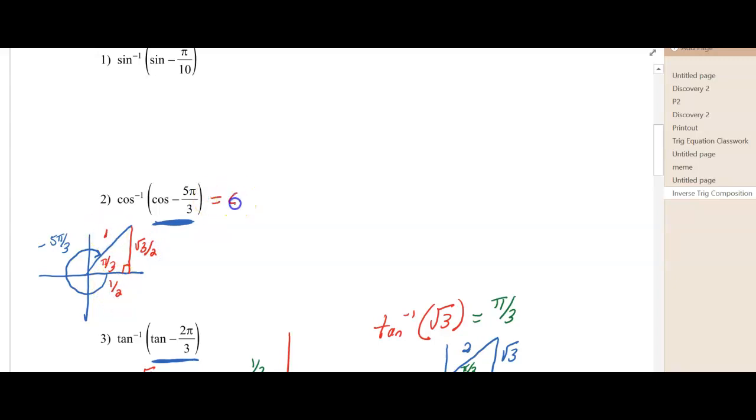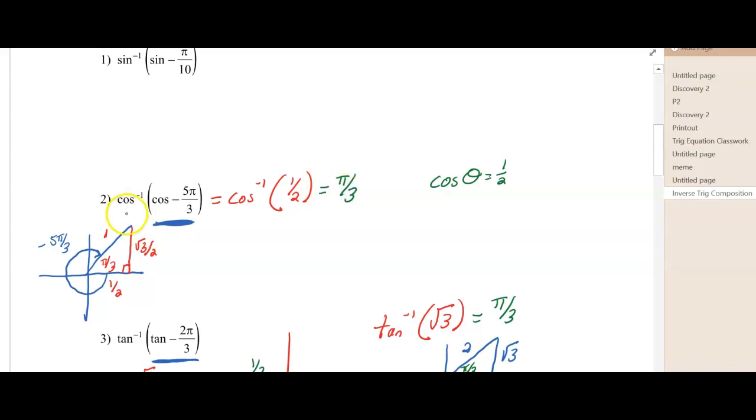So this problem becomes cosine inverse. The cosine of negative 5 pi over 3, remember cosine refers to the x value, is 1/2. So now you have to think the cosine of what angle gives you a half, and that answer is pi over 3.